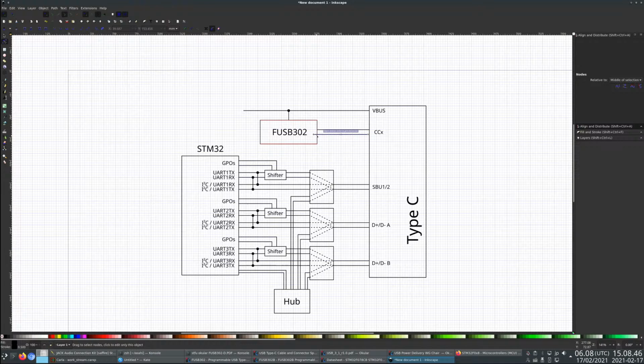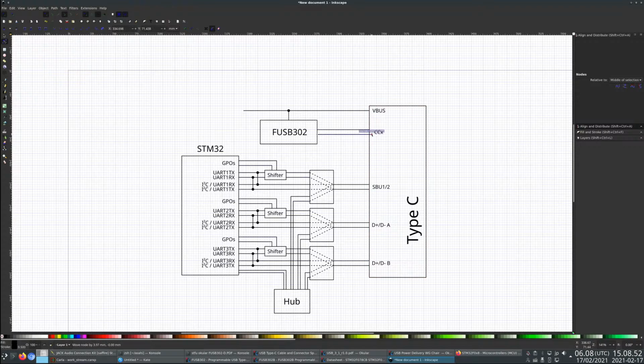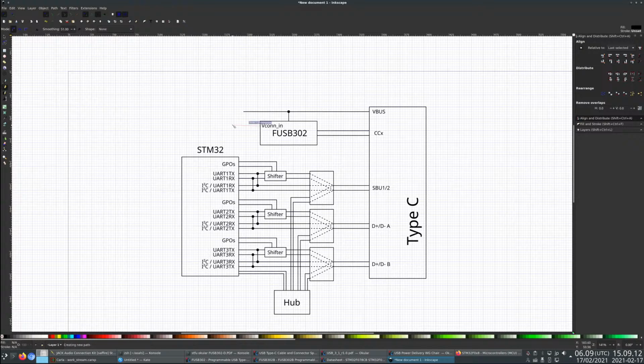And so what I'm thinking for VCon is that I'm going to have... What happened here? So for VCon in, what I'm going to do is make this configurable.